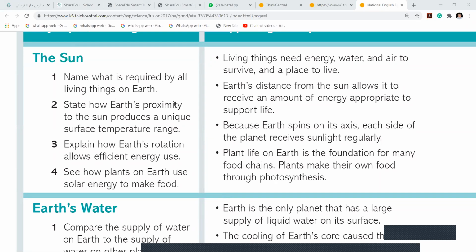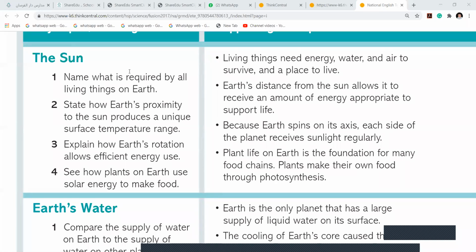Miral, ask her the question and Noor will read the answer from the right side. Come on. Name what is required by all living things on Earth.